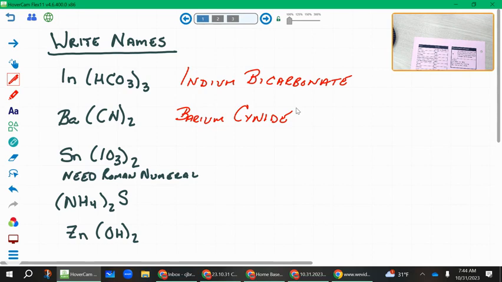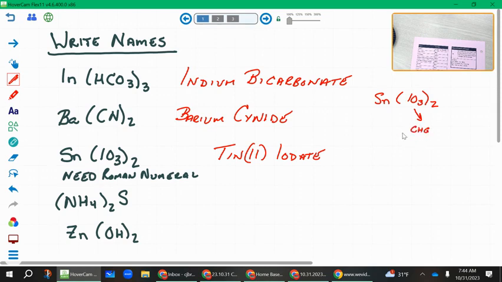All right. Sn(IO3)2, and this one needs a Roman numeral. Dante, did you get this one? Tin(II) iodate. All right. So again, for this one, ladies and gentlemen, for us to get the charge, we need to do a little bit of working backwards. Iodate, what is the charge on iodate?